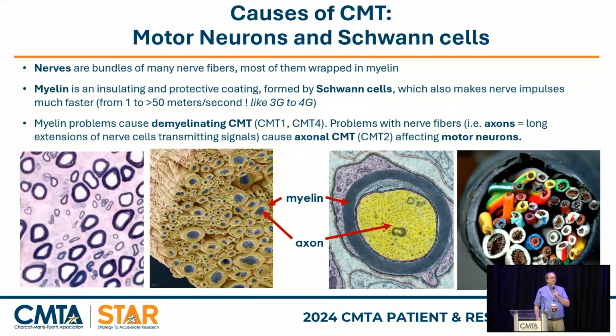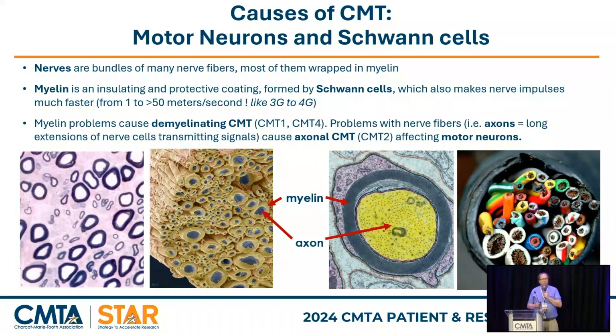So again, I'm going to start off with just a reminder that when we talk about gene therapy, we're talking about trying to fix two different kinds of cell types. For individuals with demyelinating CMT, the Schwann cells that line the nerve and create myelin are the cells that we need to try to repair. So in this case, we're trying to deliver something to Schwann cells.